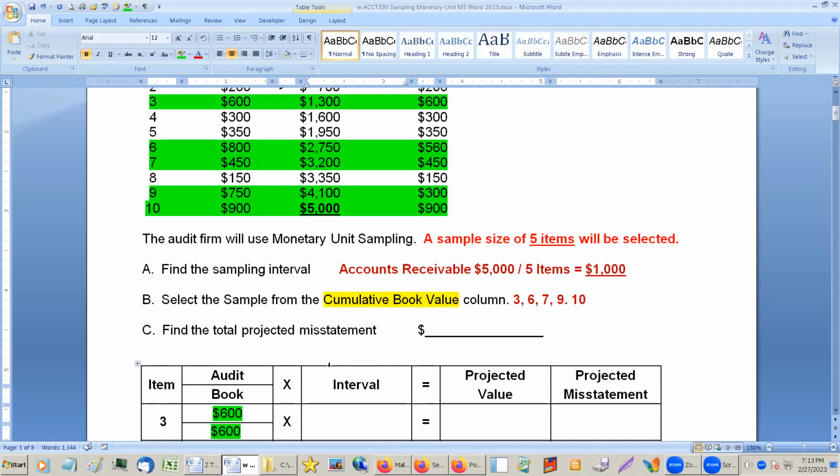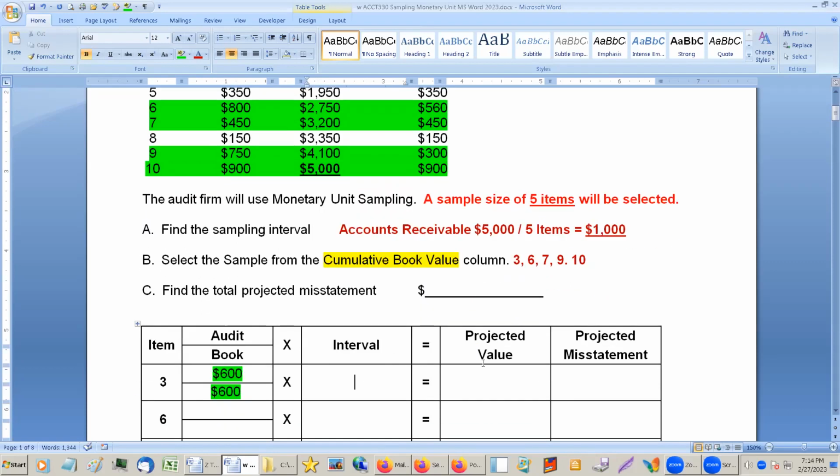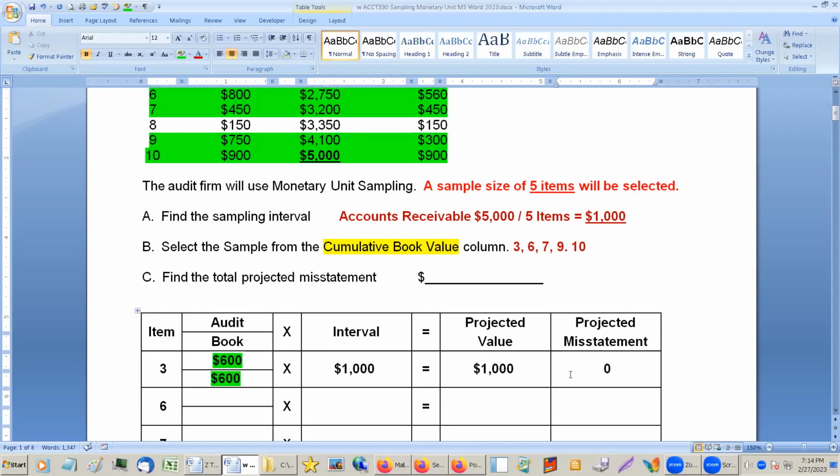The interval is 1,000. So that one item is going to represent that entire interval of 1,000. The projected value is going to be the total 1,000, and the projected misstatement is going to be 0. So this entire interval is okay.